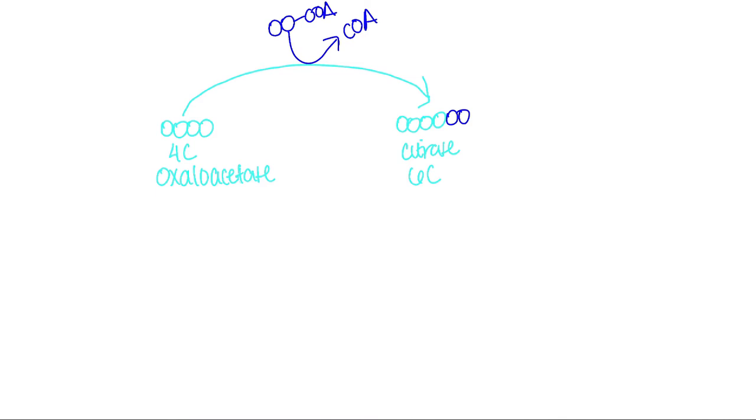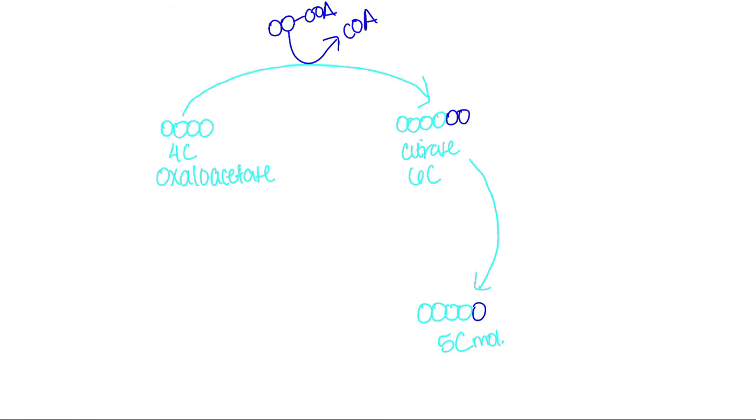And I'm trying to keep things color-coded here. So the dark blue are the carbons that come originally from glucose, and the light blue are the carbons that are from the citric acid cycle. So after we make citrate, we're actually going to make a 5-carbon molecule. And just for the sake of time and for simplicity, we're just going to call it a 5-carbon molecule. We're not even going to give it a name. While this happens, we are going to do 2 things.